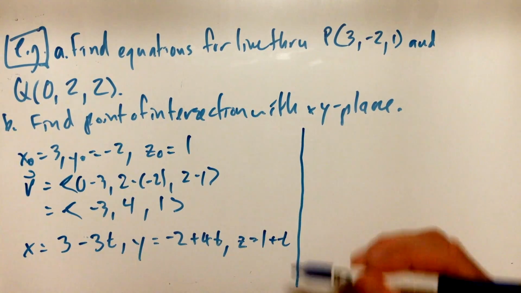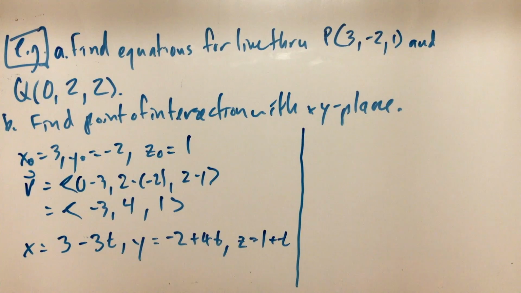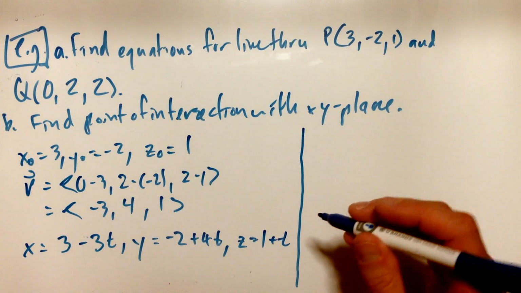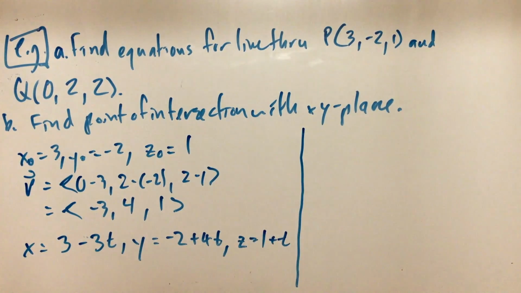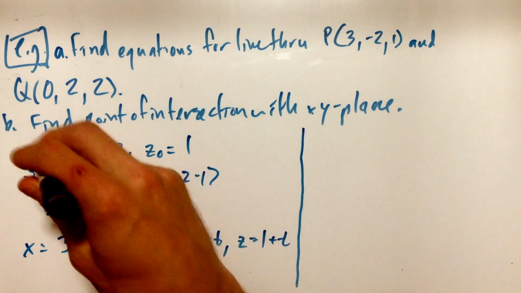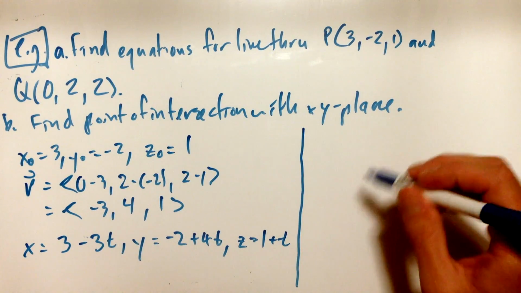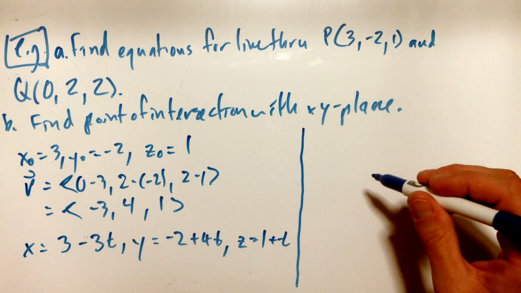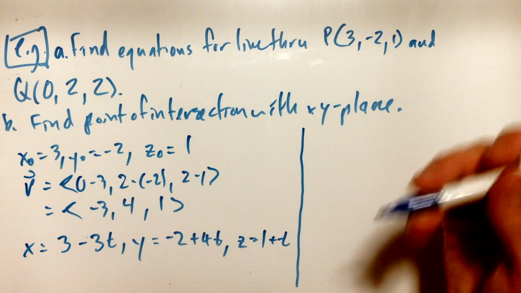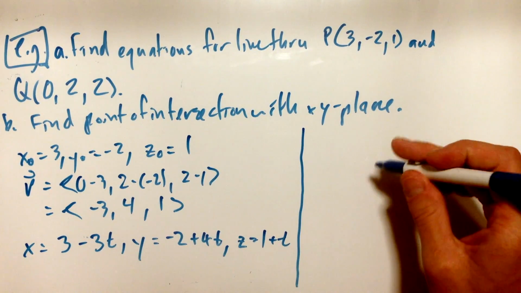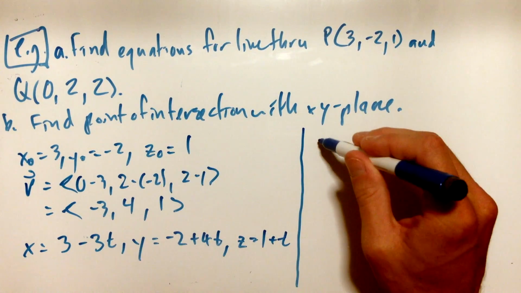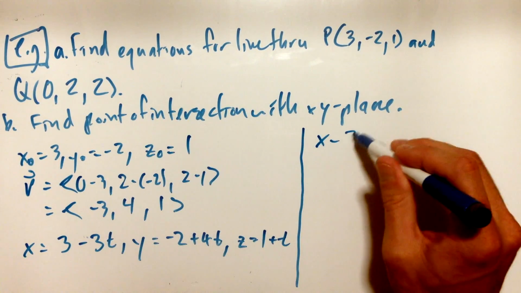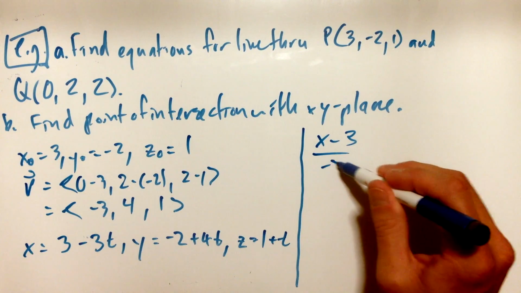Now let's convert them to symmetric equations. That's going to be useful for part B. So that means that we're going to solve each of these for t, and there's a straightforward way of doing this. For x, it's x minus x0, which is 3, divided by a, which is -3.